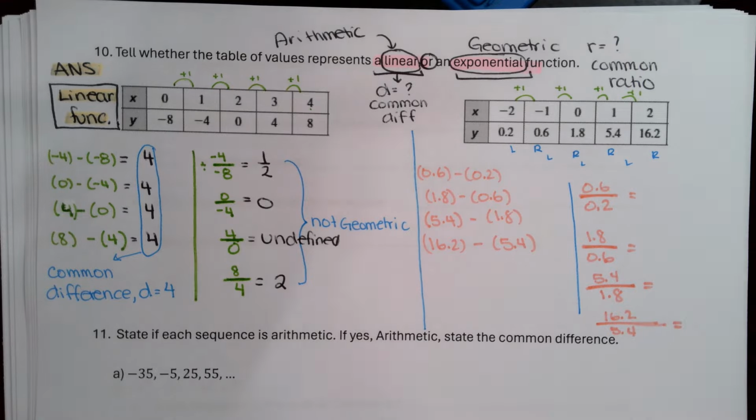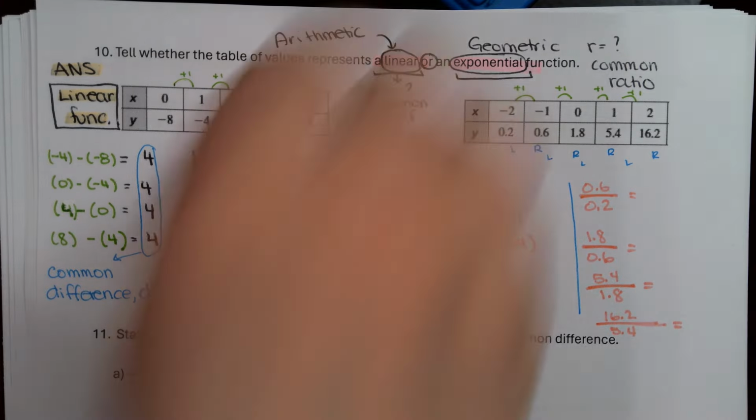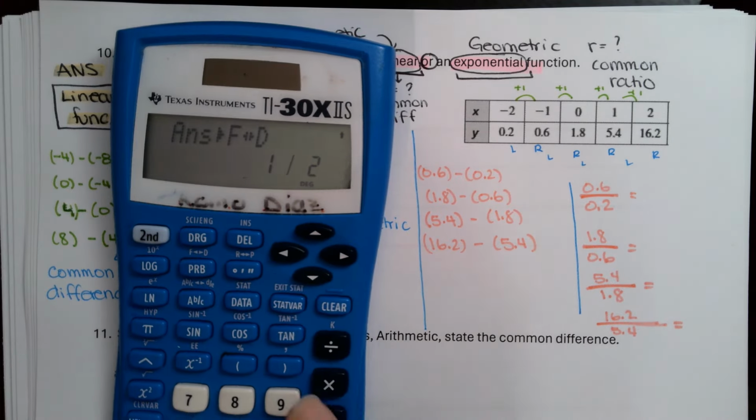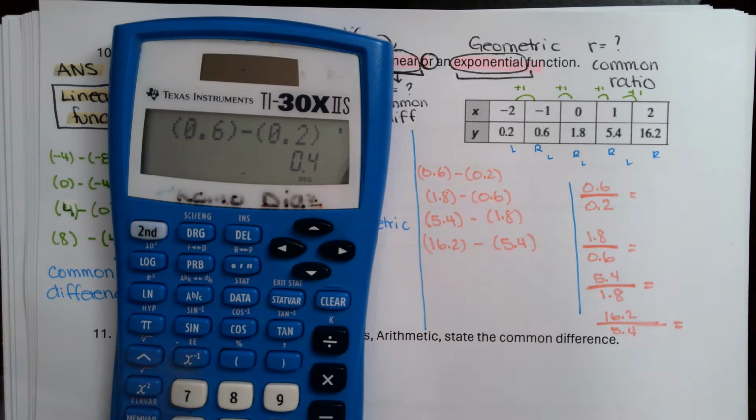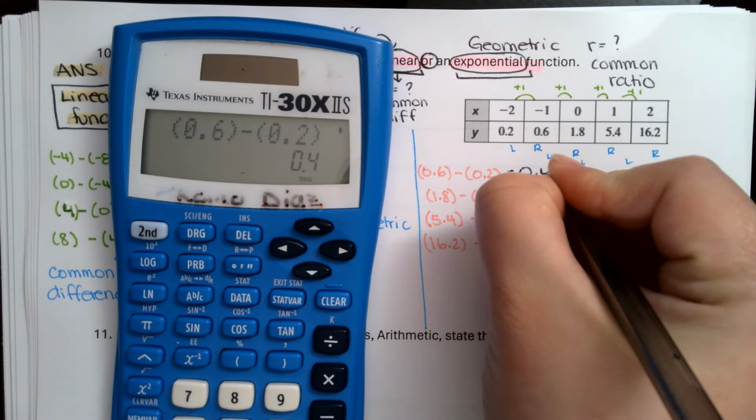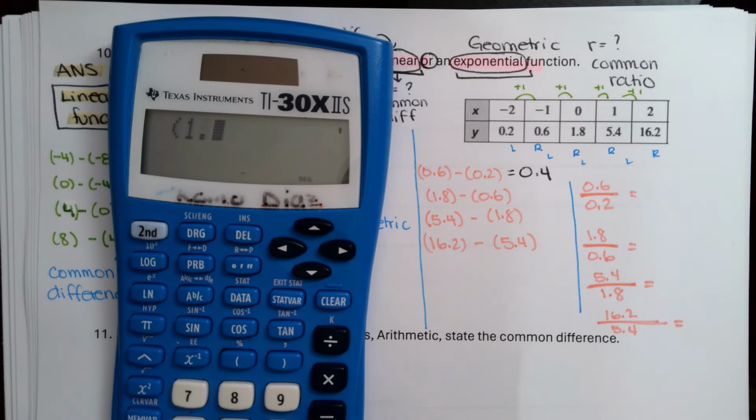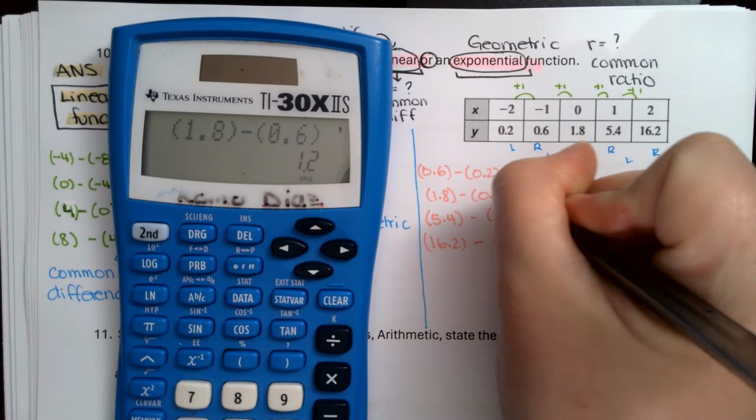So again, when we are subtracting, we are testing for a common difference, which is for arithmetic. When we are dividing, we're testing for a common ratio, which is for geometric. So 0.6 minus 0.2, and we get a 0.4. 1.8 minus 0.6, this is 1.2.